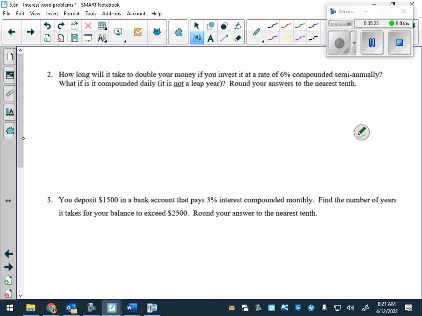How long will it take to double your money if you invest it at a rate of 6% compounded semi-annually? What if it's compounded daily, if it's not a leap year? Okay, so they're not giving us an initial amount here, right? What is the smallest dollar amount I can invest?